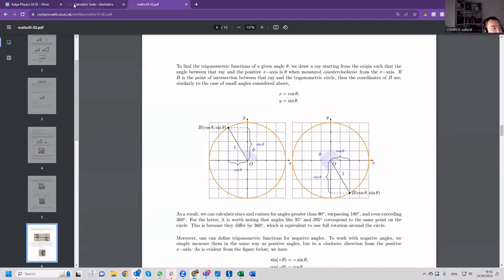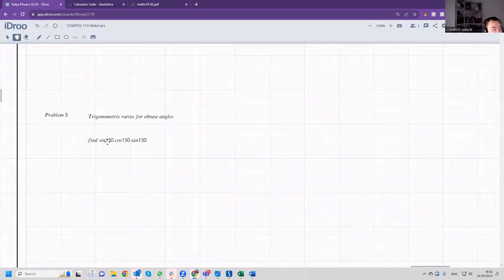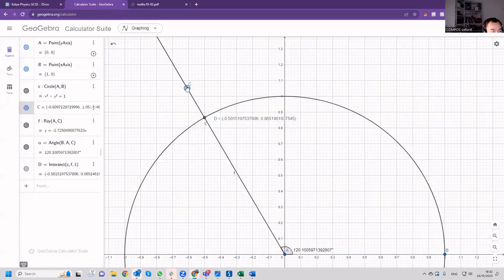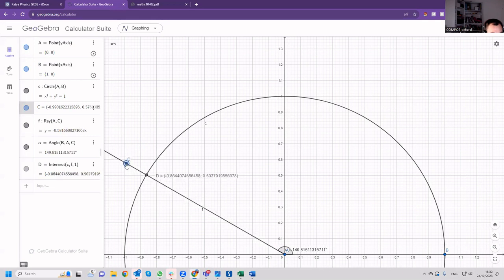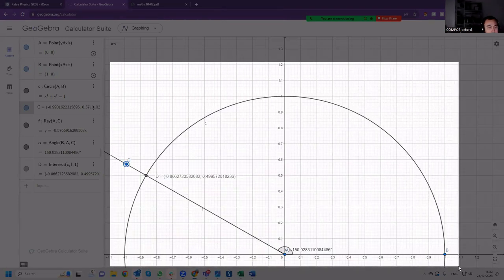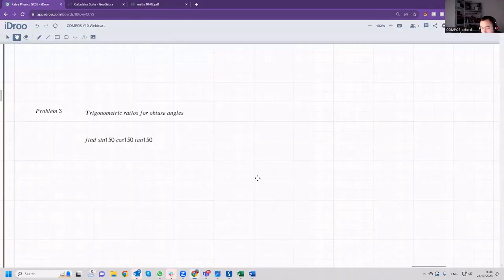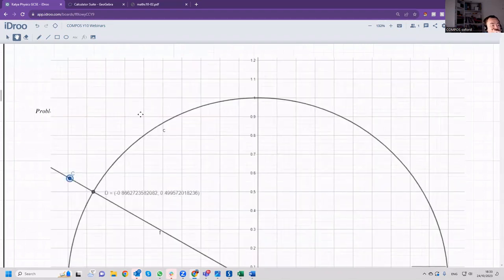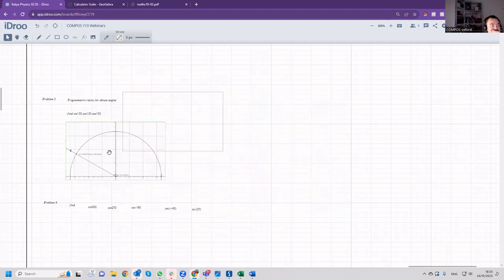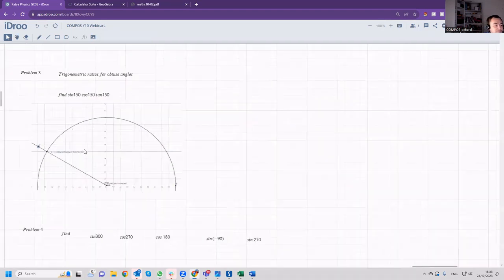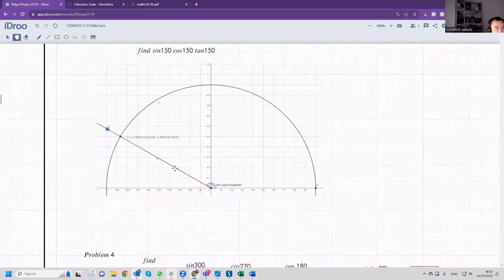The question was, what is sine 150? So let's drag this up to 150. So this angle is 150 degrees.